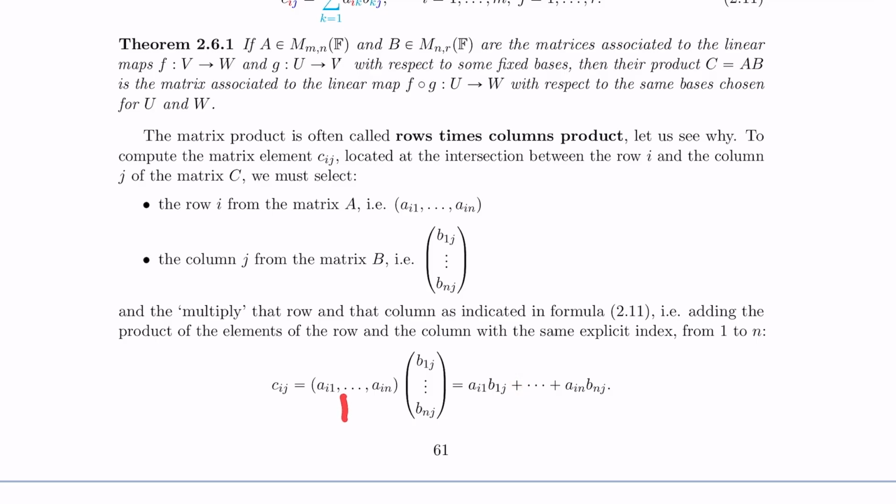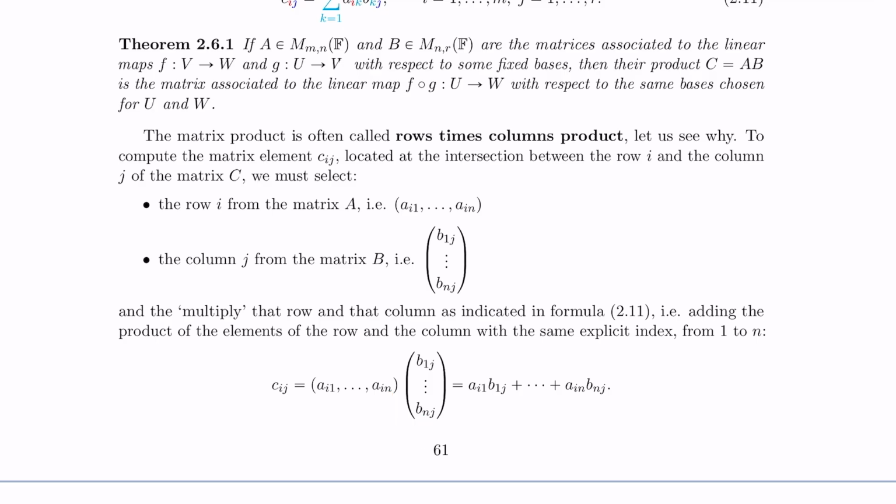Do the same for the second element of the row and the second element of the column, then write again the sum, and continue like this until you reach the last entry of the row and the last entry of the column that you can see multiplied together here. The final result that you obtain is exactly Cij. You understand that the coherence of this computation is guaranteed by the fact that the rows of A and the columns of B have both n elements, which is a consequence of the fact that the inner dimensions of these two matrices agree.